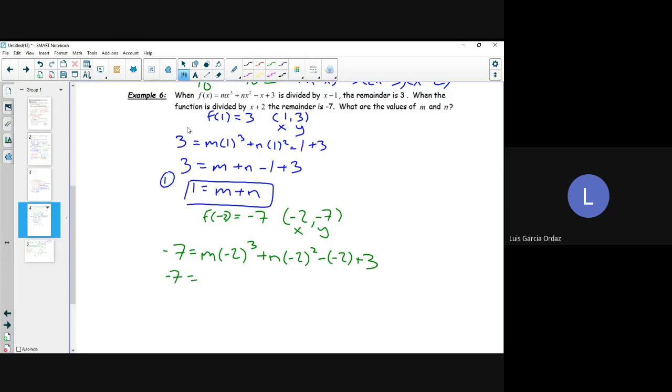So what's negative 2 cubed? Negative 8. So we get negative 8m plus 4n plus 2 plus 3. And when we move positive 2 and positive 3 over, what do we get?